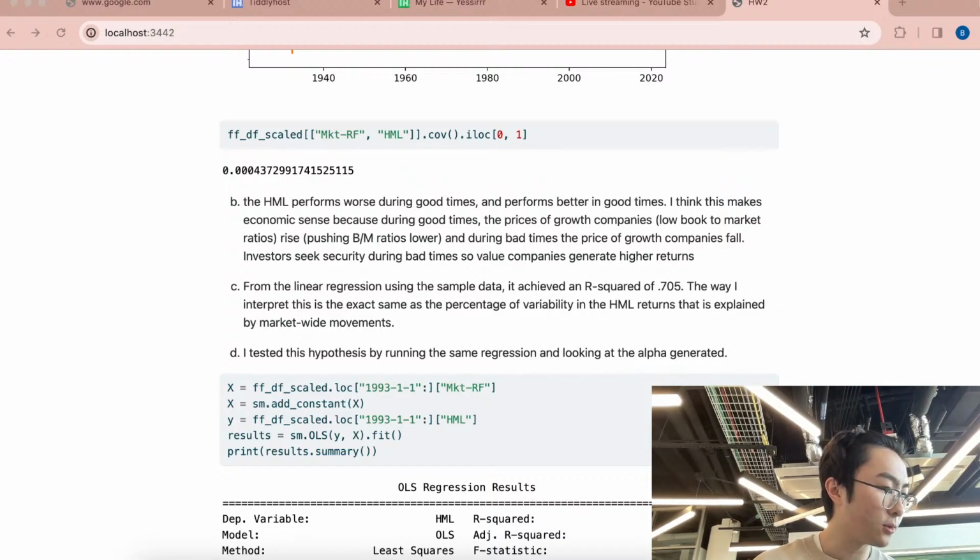So we want to get the covariance between the two, and then we'll divide that by the variance of market risk premium. Okay.